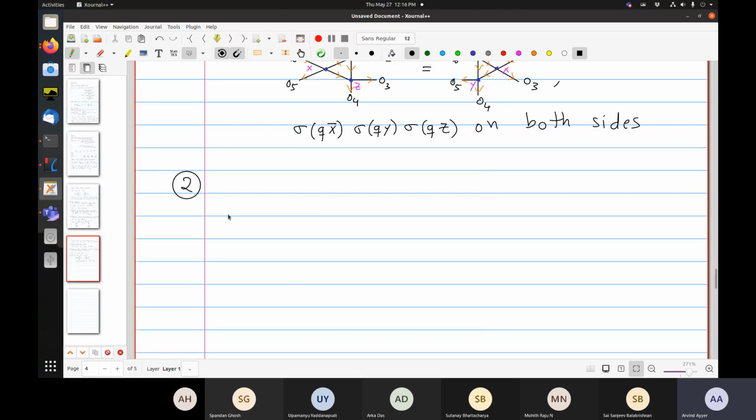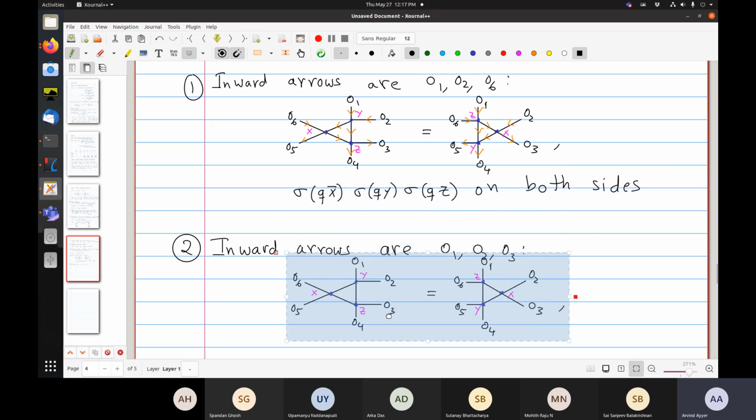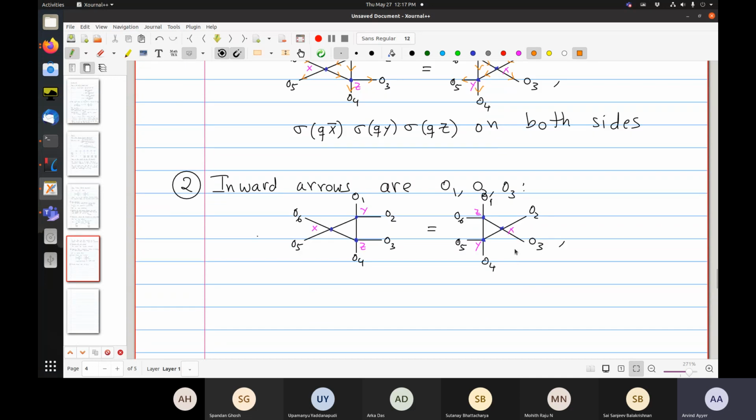Second case is inward arrows are O1, O2, O3. Now let's put this here and go back here. So what do we have? So O1, O2, O3 are inward.